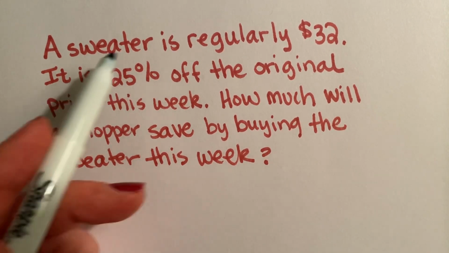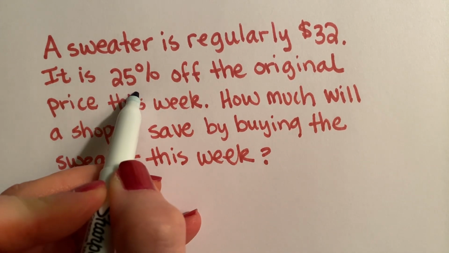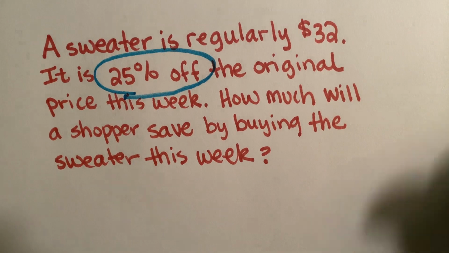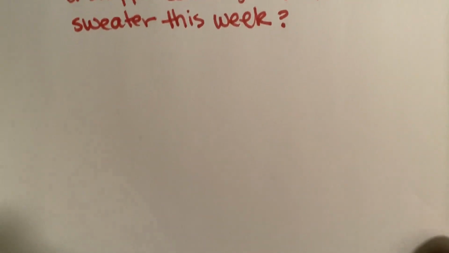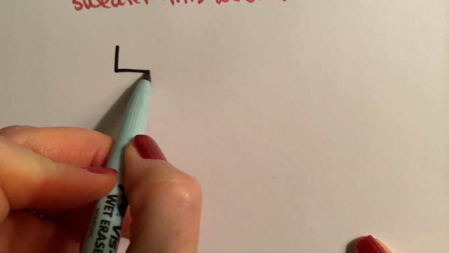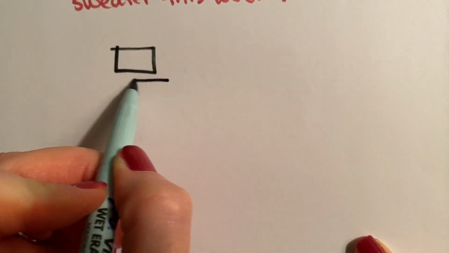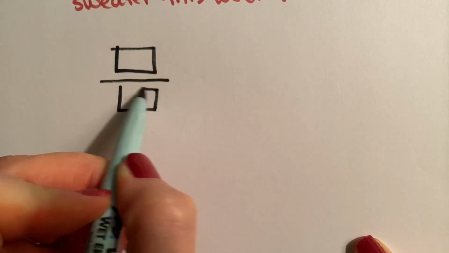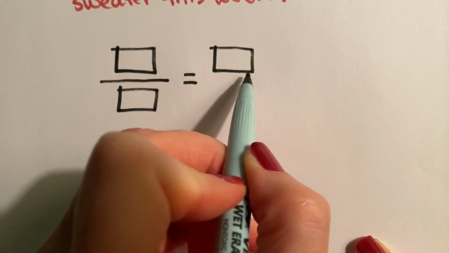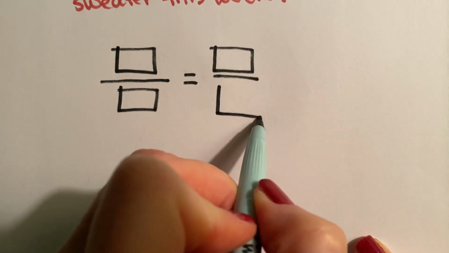How many dollars go with 25% off? So here's what's so great about percent problems. As long as you set up your 4 boxes, watch this. So if you do first box over second box equals third box over fourth box.